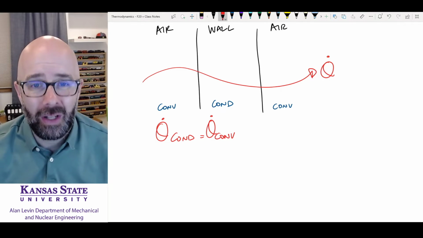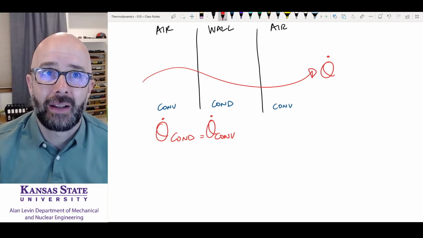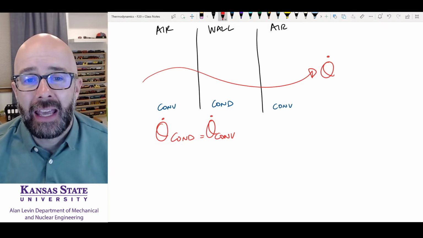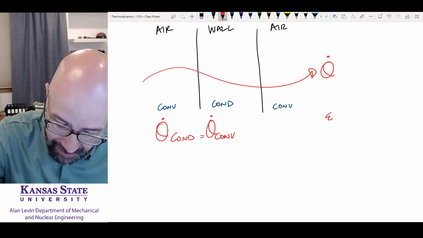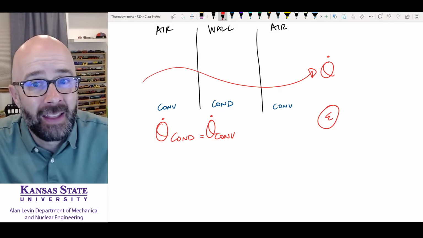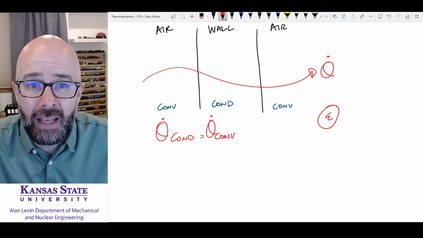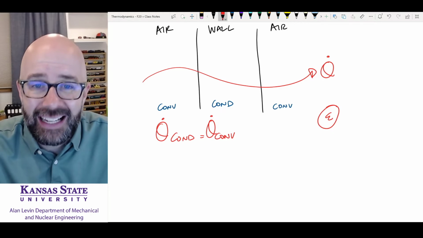Well, in our class, you will know to not worry about radiation if they didn't give you an epsilon. If you see epsilon in your problem statement, you're going to say, oh, they want me to consider radiation. If you don't see it, you'll probably write in your assumptions, I'm neglecting radiation.